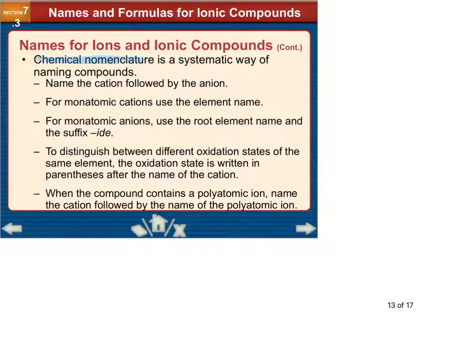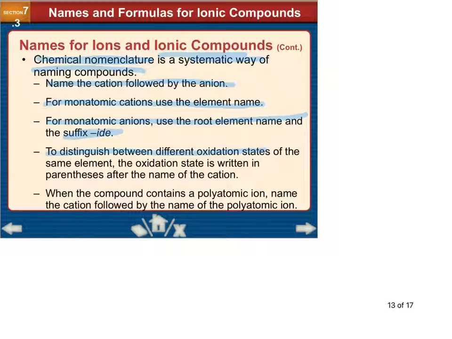So here's where they bring in the term I mentioned earlier, nomenclature, a systematic way of naming compounds. Name the cation followed by the anion. For monatomic cations, we use the element name. For monatomic anions, the element name and -ide.